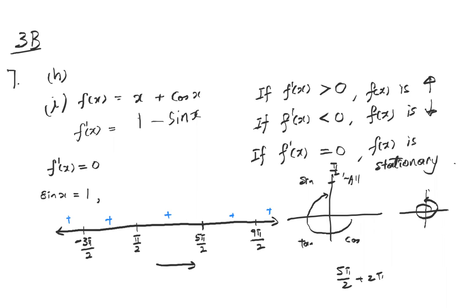How come your graph goes like that? Hey, this is the derivative. If you plot your derivative, you see your y is positive.